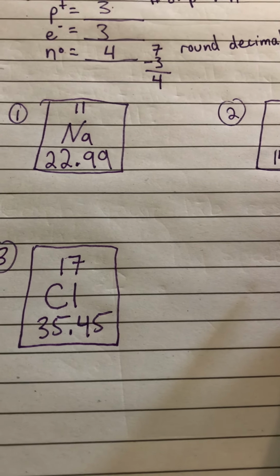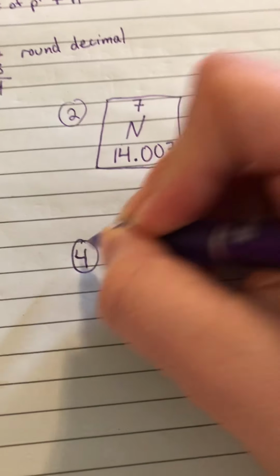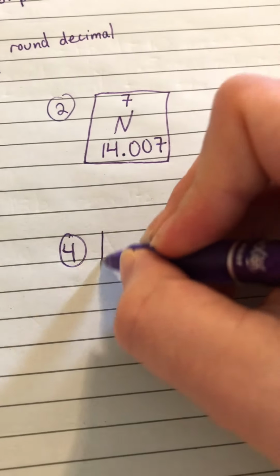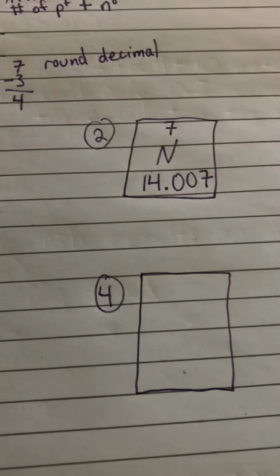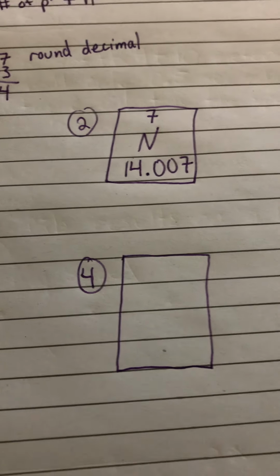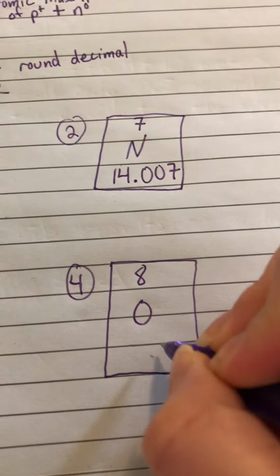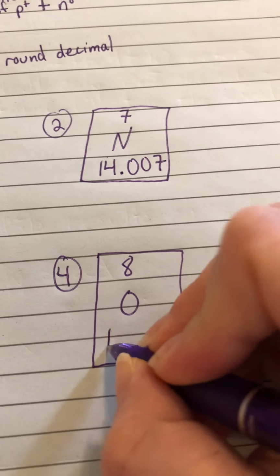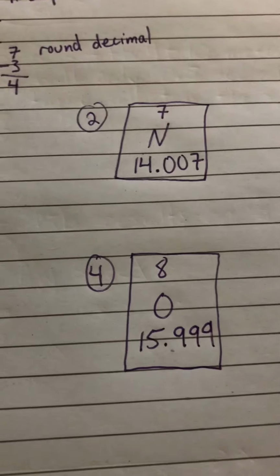Tell me the protons, electrons, and neutrons. And last but not least, your number 4. We are going to go with oxygen, and that is number 8, symbol O, and the atomic mass is 15.999.